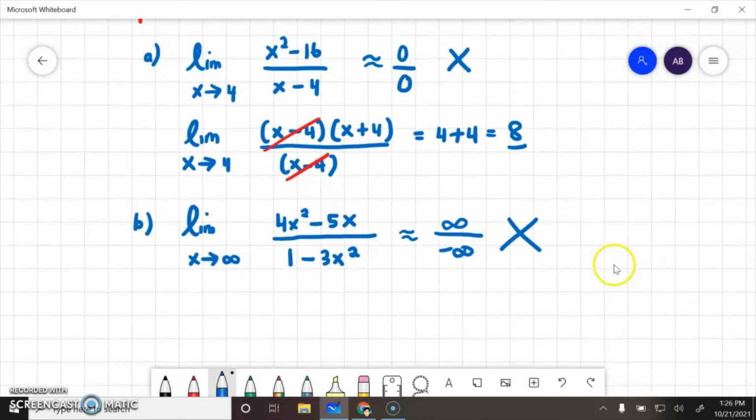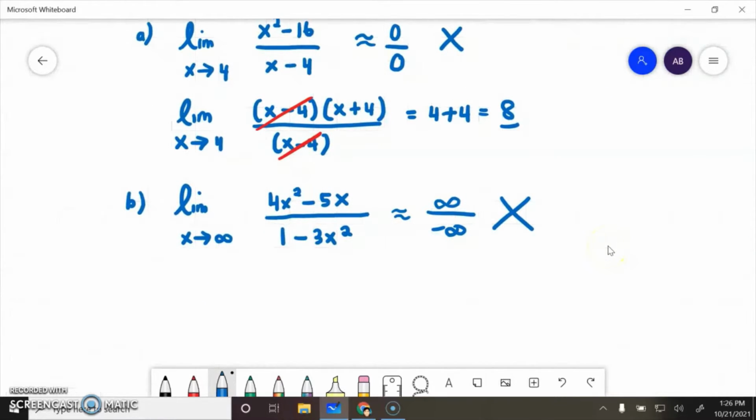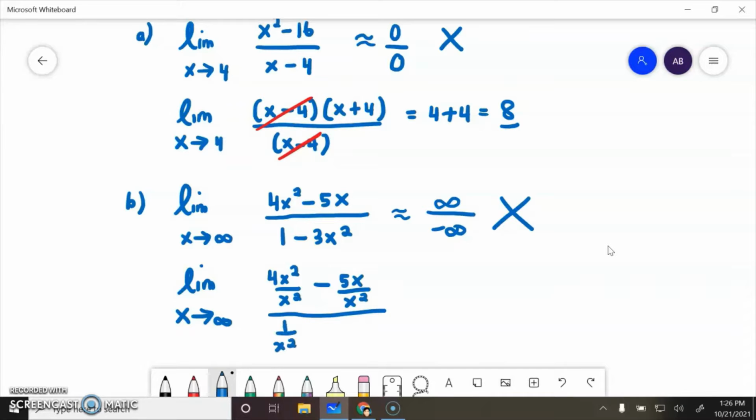Another way we can do this is, when it's approaching infinity, you look at the denominator, and the highest x power is x squared. So I divide everything by x squared. Minus 3x squared over x squared.